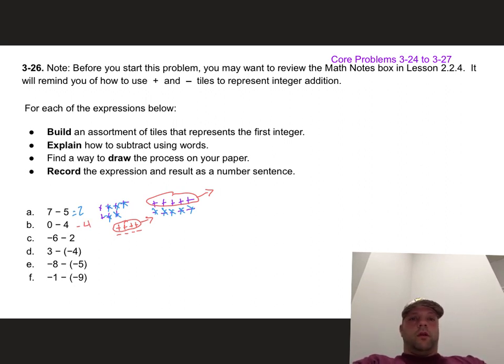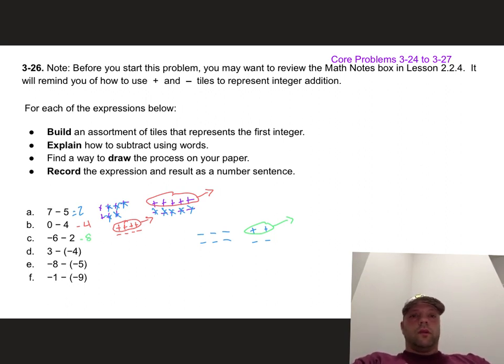All right, -6. I have 6 negatives, and then 2 0 pairs, and we're going to subtract 2. Because we're subtracting 2, that's the positive, so that's a little of what's confusing. If I subtract those 2, I end up with 8 negatives.